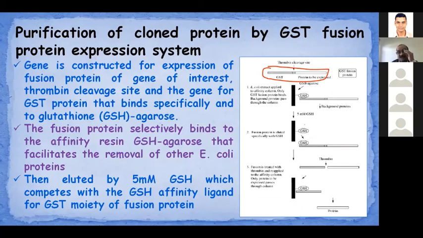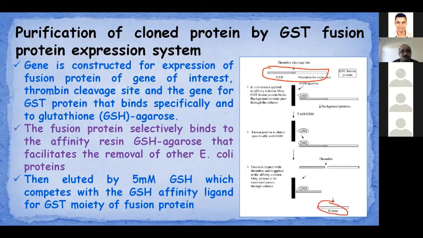Then the fusion protein is eluted by changing the elution condition, such as pH or salt concentration. The fusion protein is then cleaved with thrombin, which separates the protein of interest from the GST protein. Finally, it is again passed through the column, which separates the pure protein.